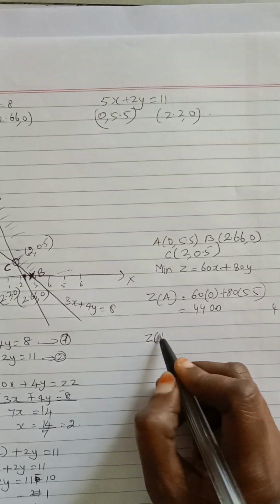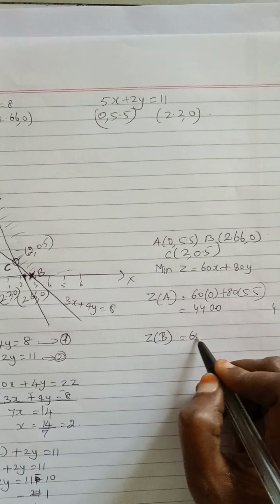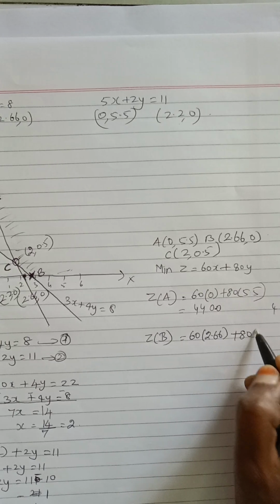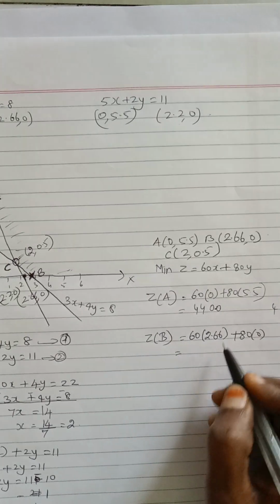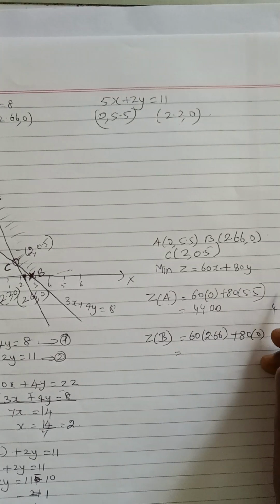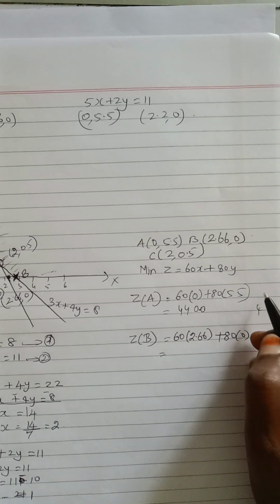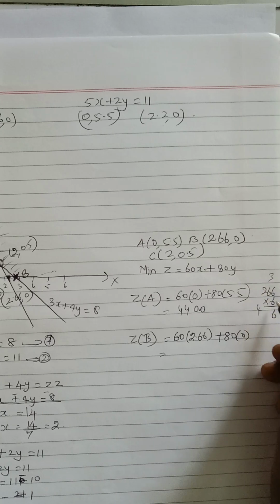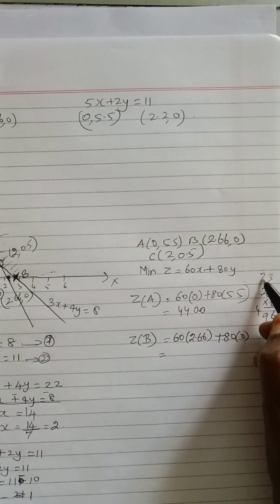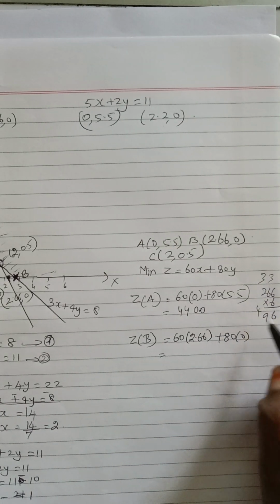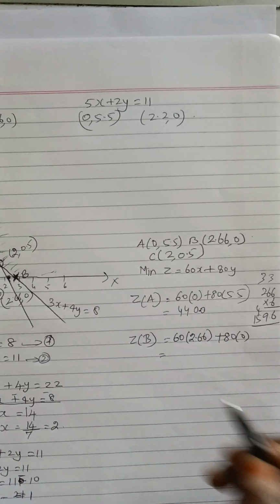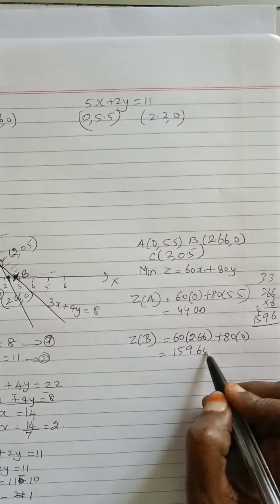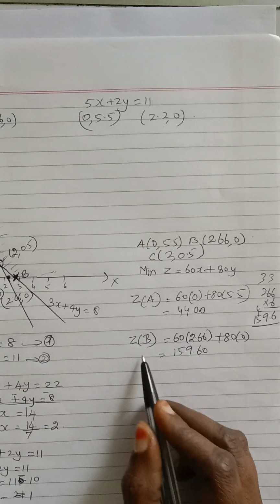Now z of B is 60 into x, that is 2.66, plus 80 into 0. Its value will be about 159.60. So this is the value of z of B.